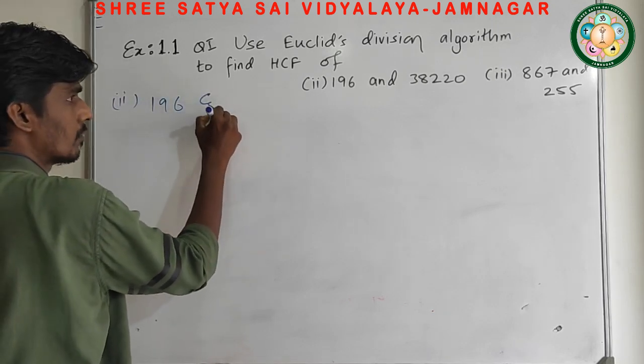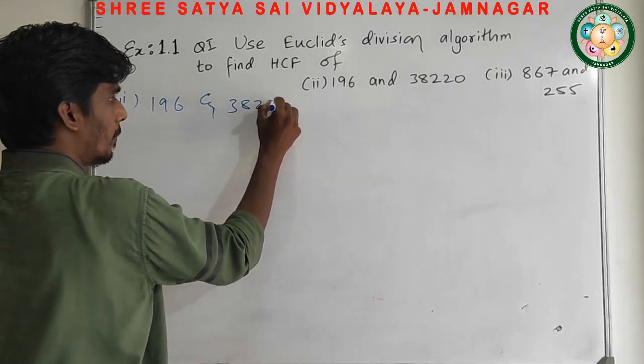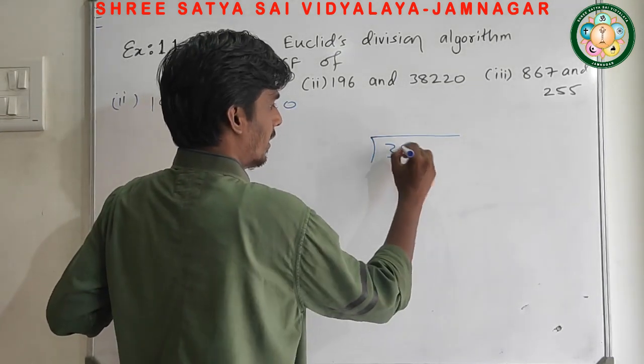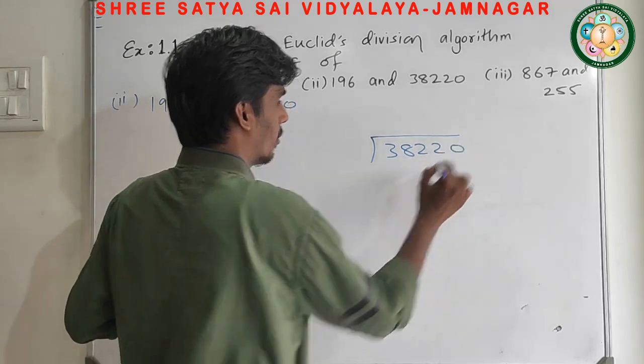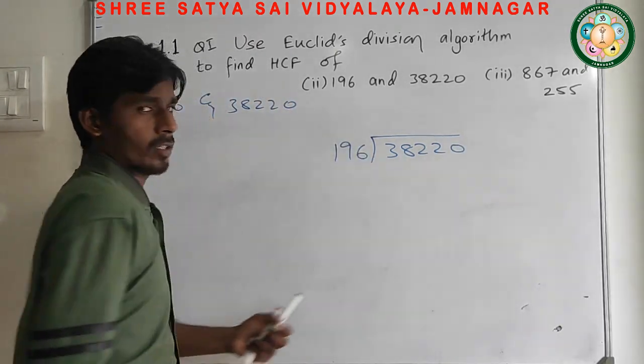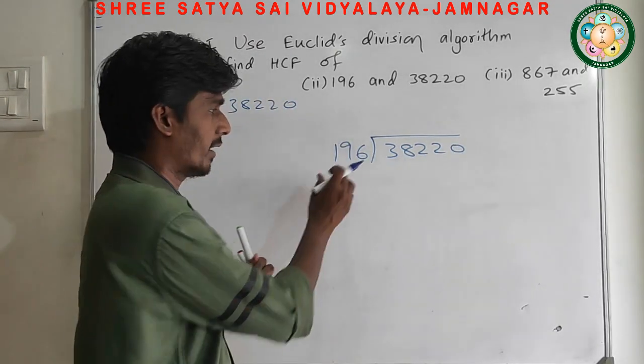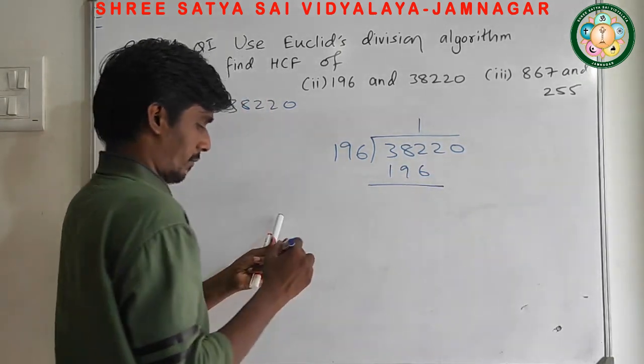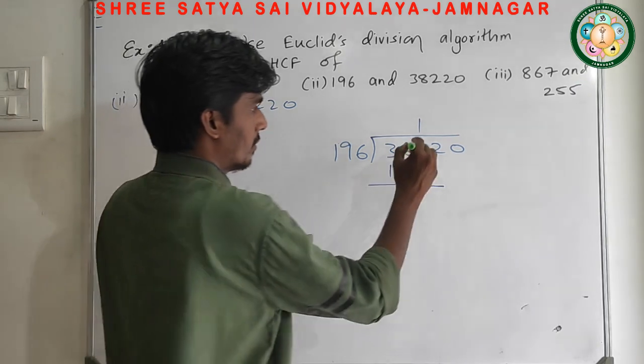Now the second one is 196 and 38220. Definitely, it's 38220 divided by 196. Always you have to divide the greater number by the smaller. 1 times 196, what is the remainder?